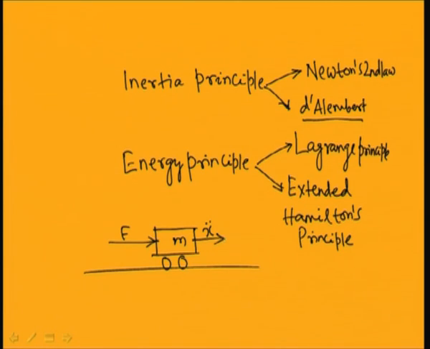The inertia force is nothing but mass into acceleration, and it acts in the direction opposite to the direction of acceleration. So, the inertia force is m x double dot, and it is acting opposite to the direction of acceleration.